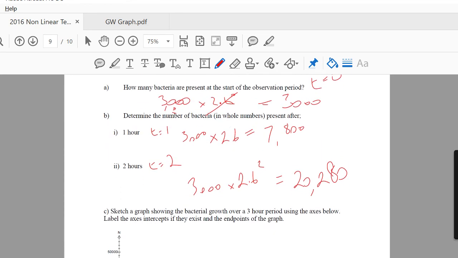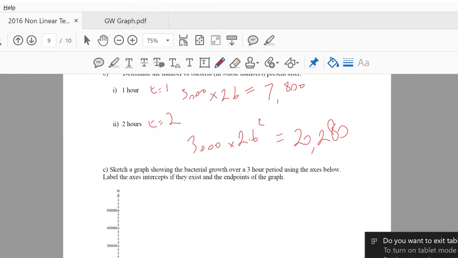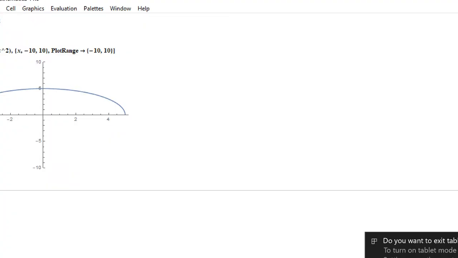So t equals 1 was 7,800, so let's pop that in. 7,800 is about there. 20,280 was about there. And 3, we just have to do 3 now. What will 3 be?